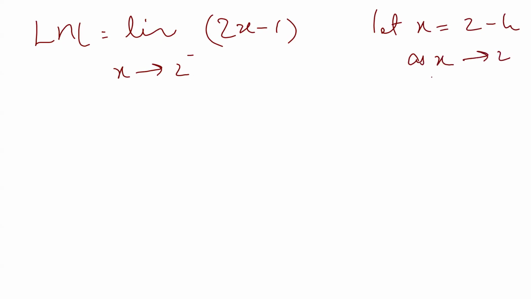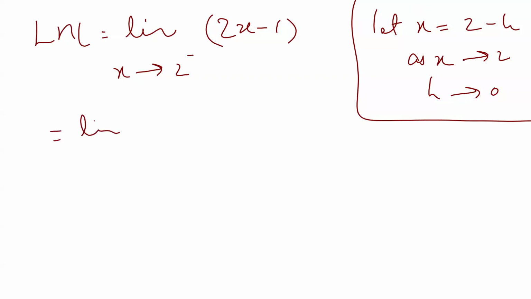As x approaches 2, h will approach 0. As x becomes 2 over here, the 2 will get cancelled, h will be 0. So this will be limit h approaching 0, 2 into (2 minus h). Wherever there is x, put 2 minus h, minus 1.